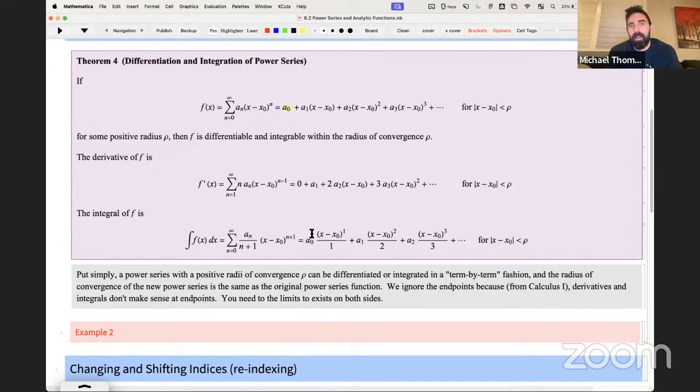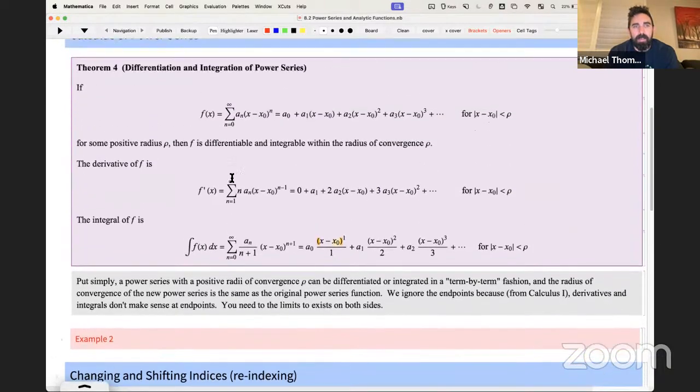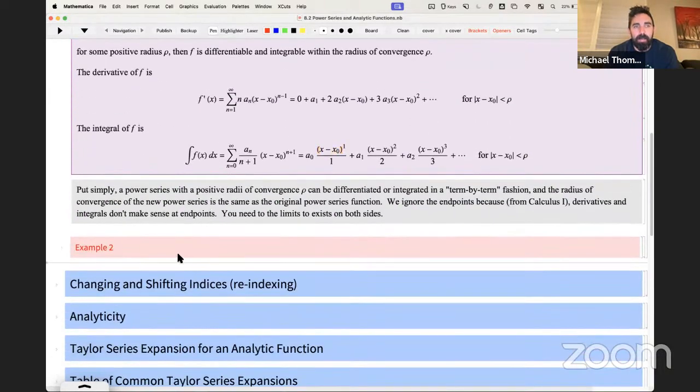So x minus x naught to the first over 1, and then a1 times x minus x naught squared over 2, and so on and so forth. I just wrote that in to satisfy the pattern. But that's a constant, so it really is a naught x, and that constant would be absorbed on the end. So all these constants are taken care of. So that's pretty much it. It's pretty straightforward, actually.